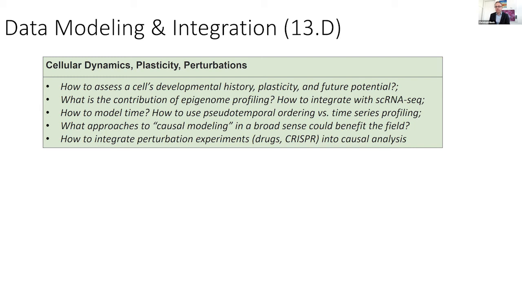And secondly, to focus on the plasticity of cells, trying to look into the cell's past through lineage tracing, through epigenetic developmental potential, into the cell's current state, its plasticity, its ability to react to challenges, including receptor-ligand predictions, these types of aspects, and then the future potential.